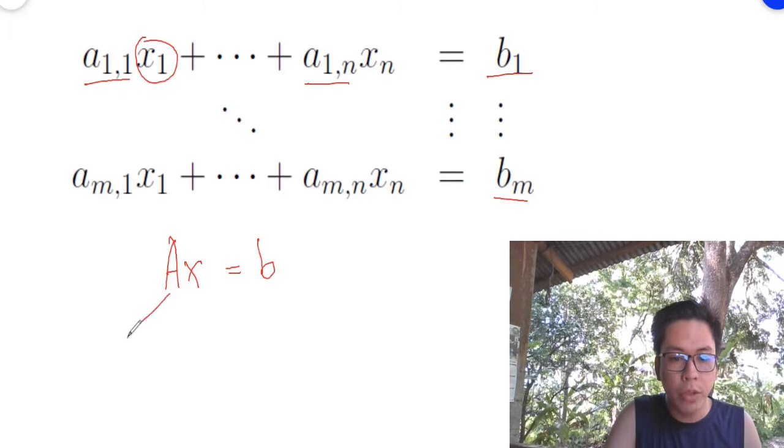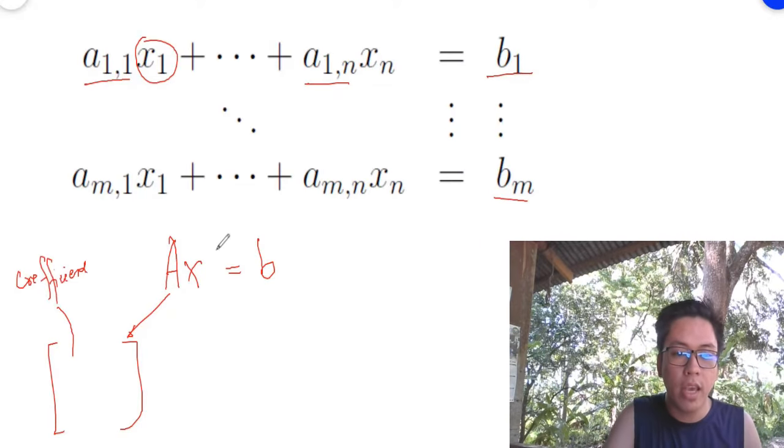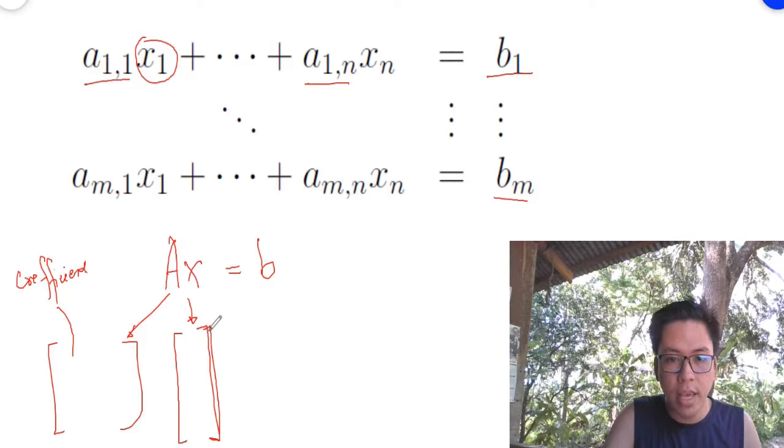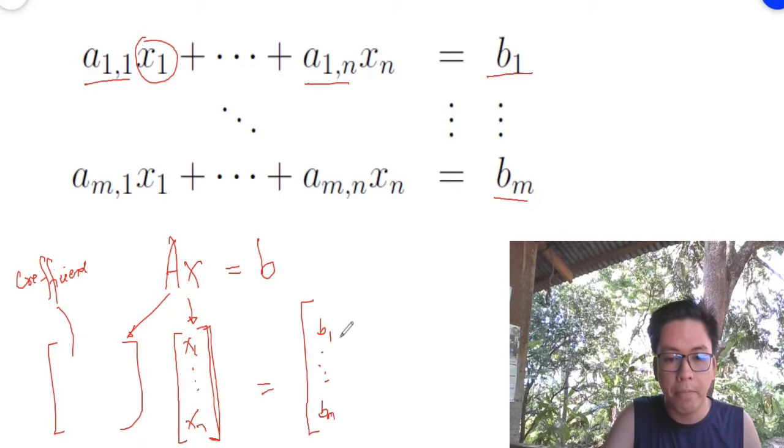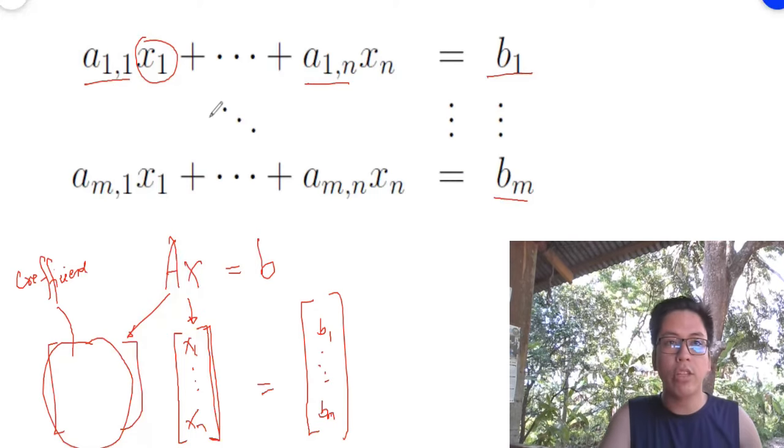Here, your A is a matrix, and this matrix is what we call a coefficient matrix, whose entries are actually aij's. Your X here is a column matrix, that means it's x1 up until xn. And then your B here is also a column matrix, that's B1 to Bm.